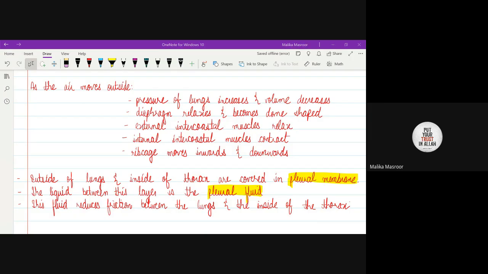Let me show you so that you can relate. Pleural membrane, pleural fluid, and pleural cavity. Let me find a good diagram so that I can show it to you. Okay, this seems simple enough. Not this, it's pleural effusion. This is a condition.